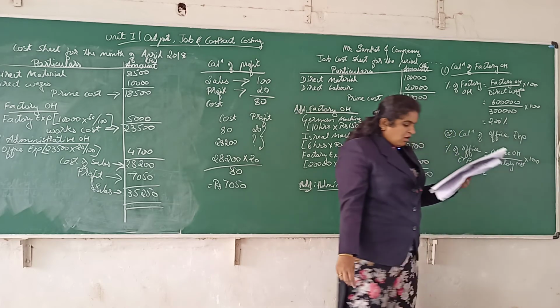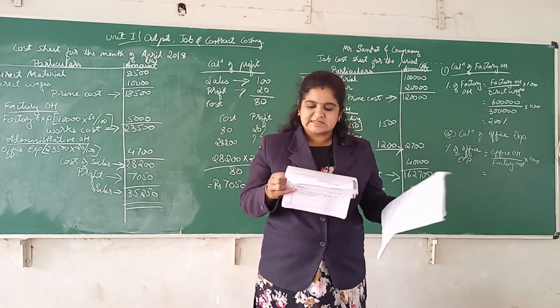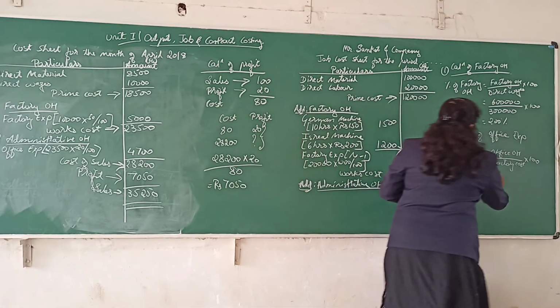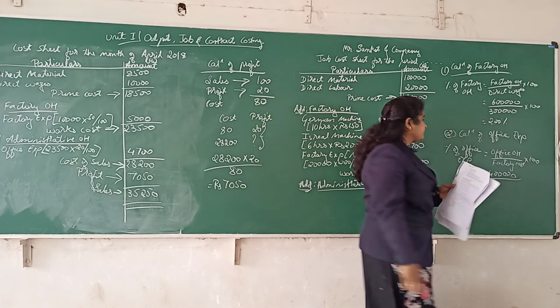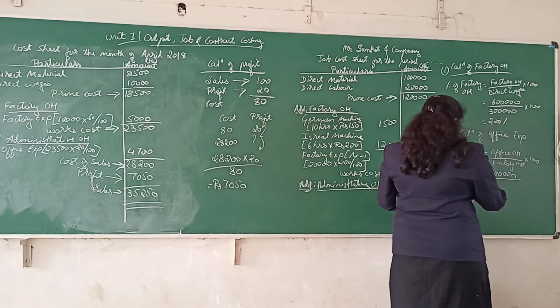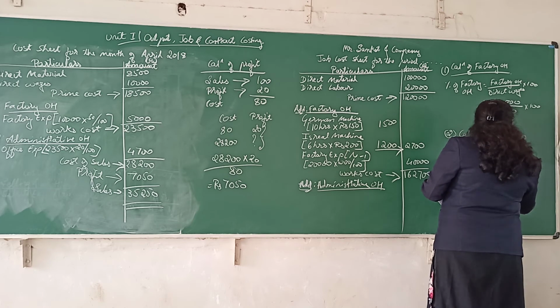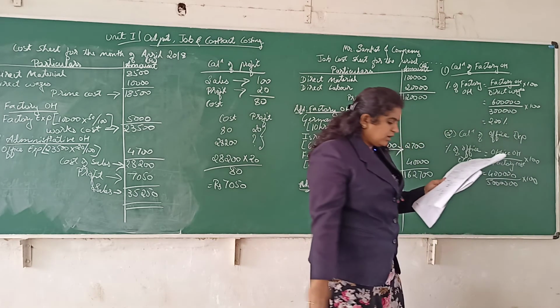Now, office overheads or administrative overheads they have given last year is 4 lakhs divided by factory cost of 50 lakhs into 100.